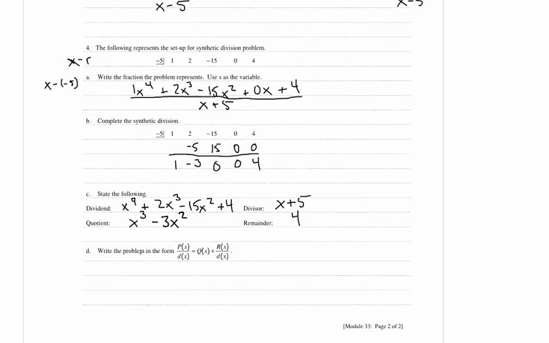And now in D, they want us to write the problem in the form of P of x over D of x is equal to Q of x plus R of x over D of x. So we're going to have our fraction that we stated up in A first.